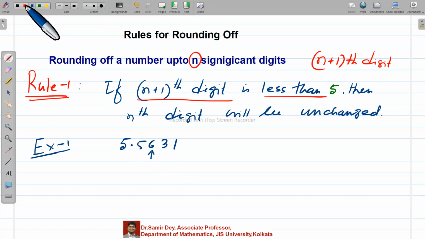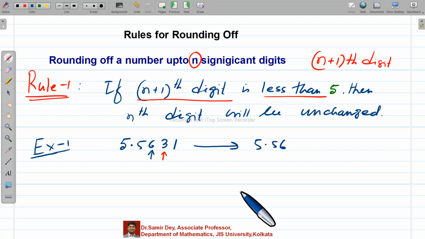Now you need to check the next one. That is less than 5. Then what will be the round off? Your answer will be 5.56. Is it clear to everyone?